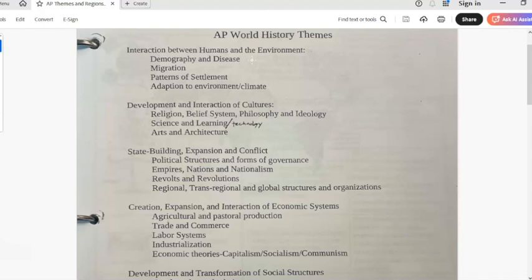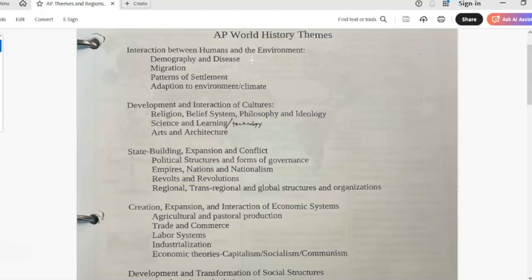The last one is adaptation to environment and climate. How does man adapt to that environment and make it livable? Probably the best example I can think of right now is terrace farming. The Incas live up in these mountains and have a lack of arable farmland. How do they allow their population to grow? They do terrace farming, which basically means they cut flat plains into the side of these mountains and turn them into farmland.